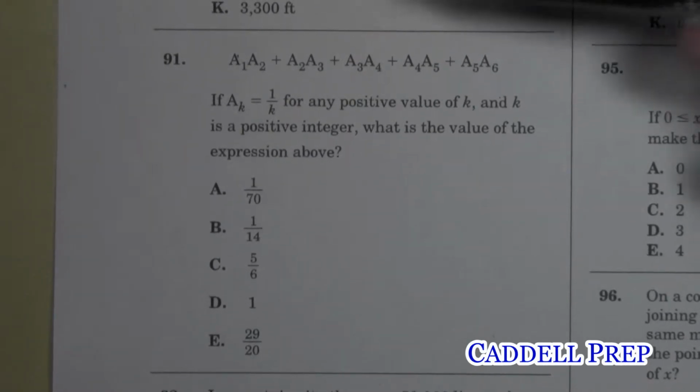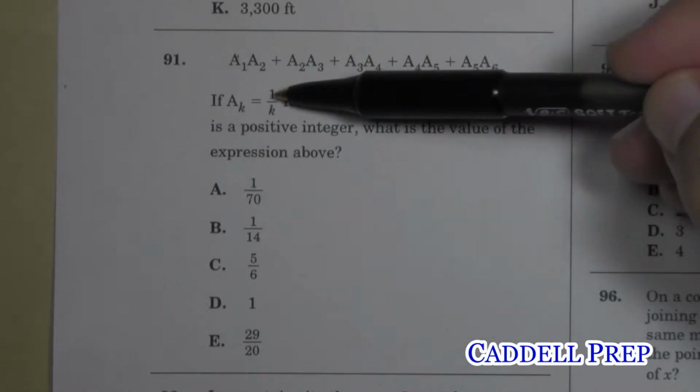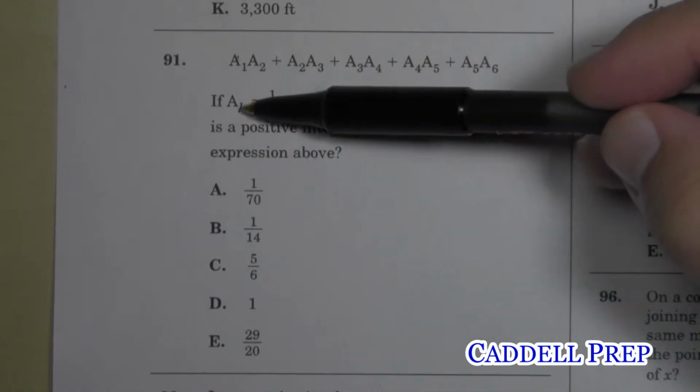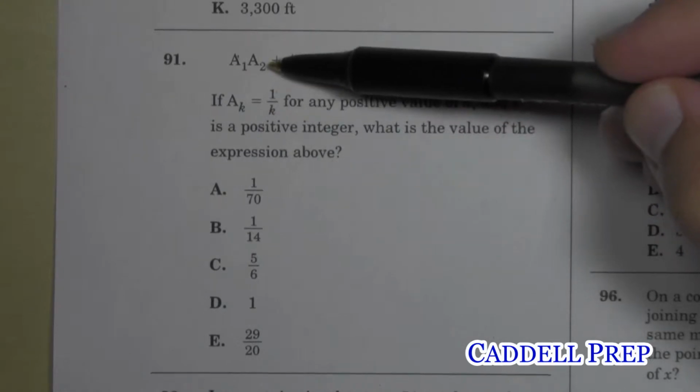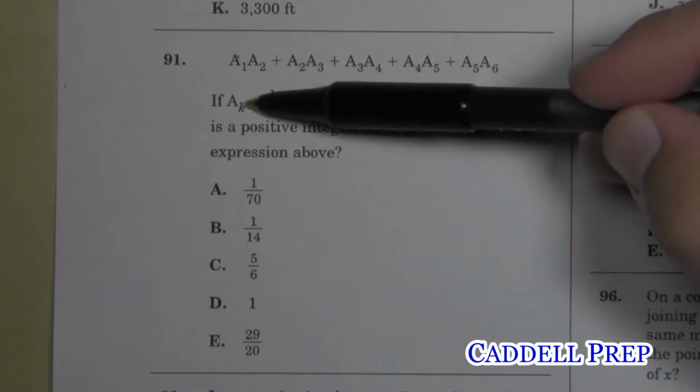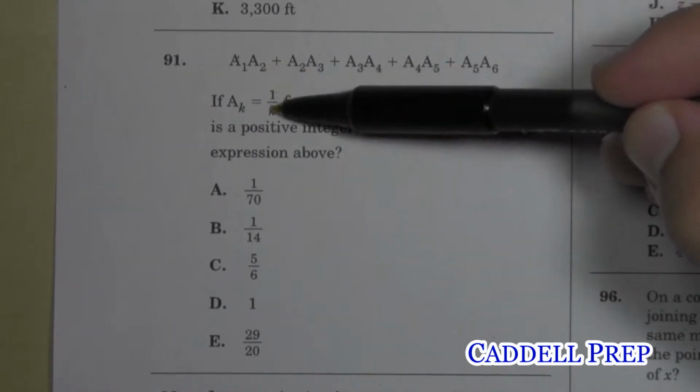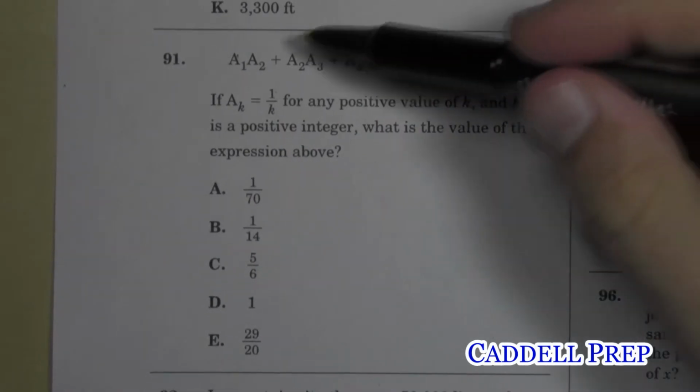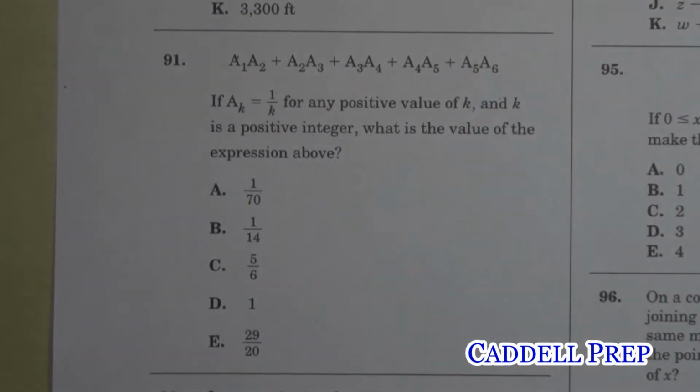So, in other words, A sub 1 would be 1 over 1, because in this case k is 1. A sub 2, so now that k is 2, would be 1 over 2. So we could rewrite this as the fractions.